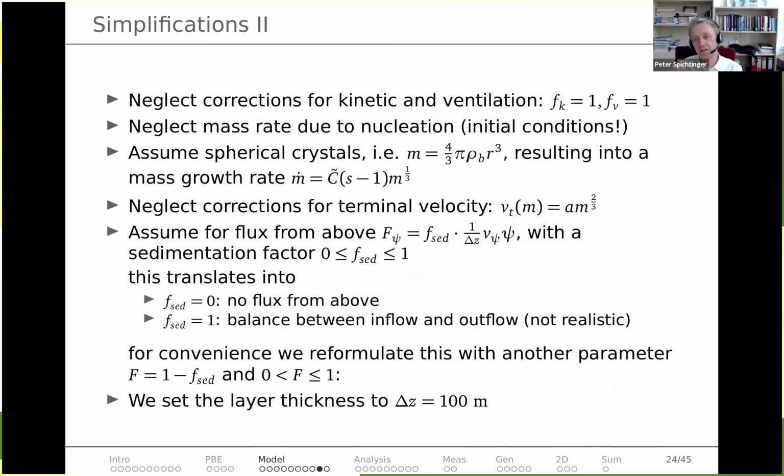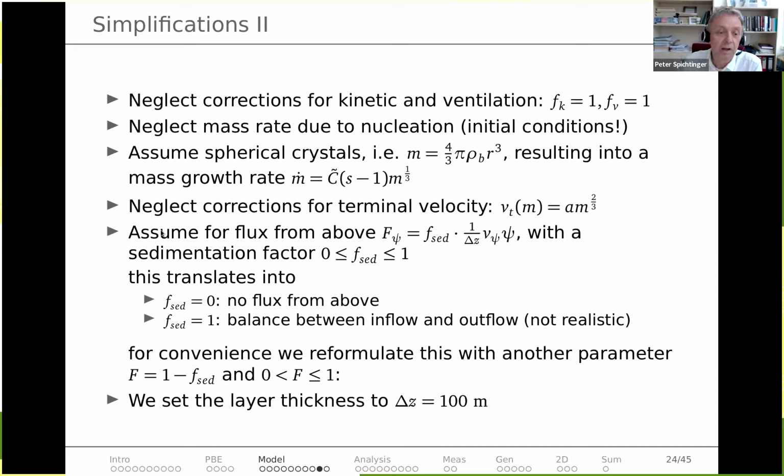We have no kinetic correction because it's too fancy, no ventilation, and we neglect that during nucleation we have some mass, which is really small. Our crystals are just spheres, so it's super simple, which reduces the growth law to something like this. We have no corrections for the terminal velocity, so we have just more or less the classical drag of a sphere.